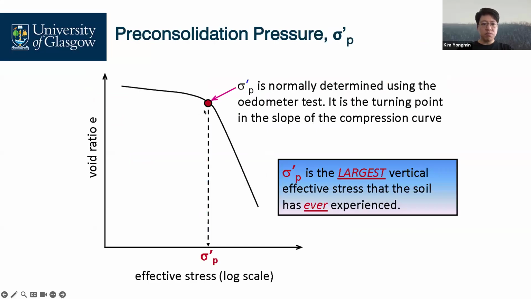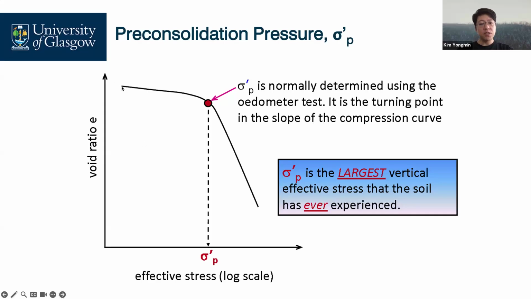These pre-consolidation pressures are normally determined using the odometer test results and the turning point in the slope of the compression curve. This point is the largest vertical effective stress that soil has ever experienced. After this point, soil looks highly nonlinear.